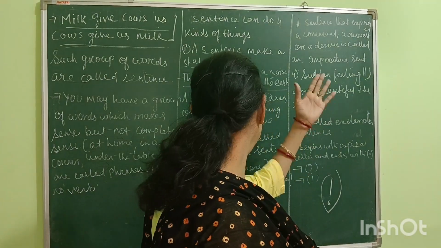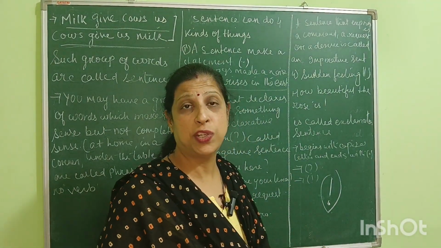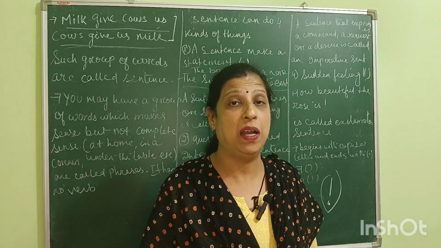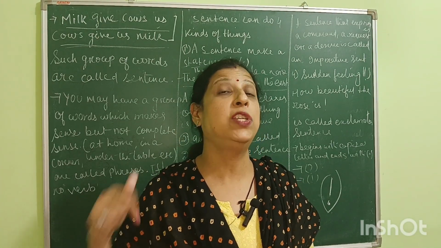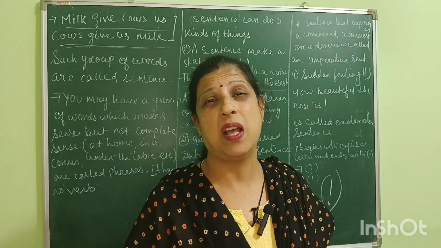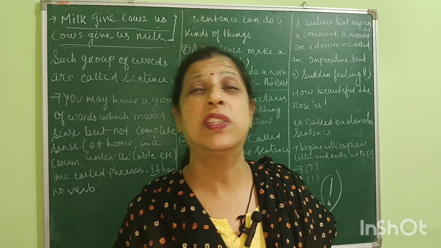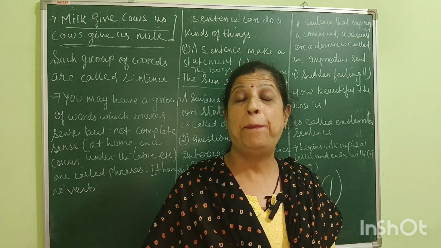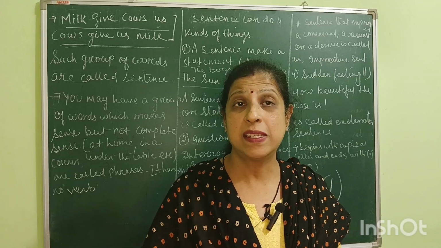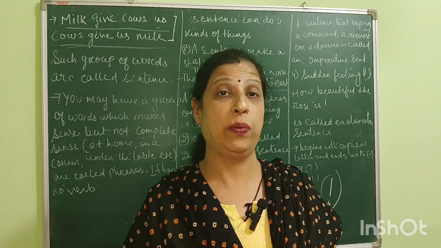For example, if I say, Bali, shut the door. It is a command because I am asking Bali to shut the door. If I say, please do the work just now, then again it's a request. If I say, may I please come in, it's again a request.